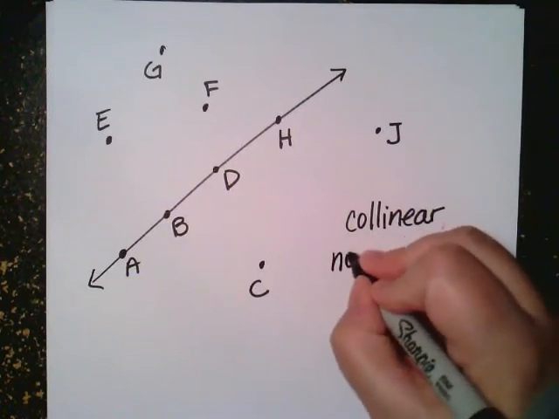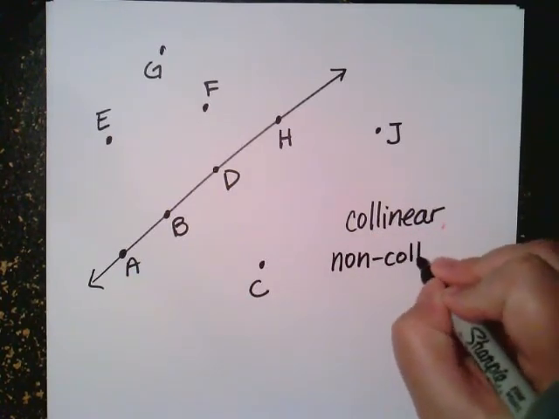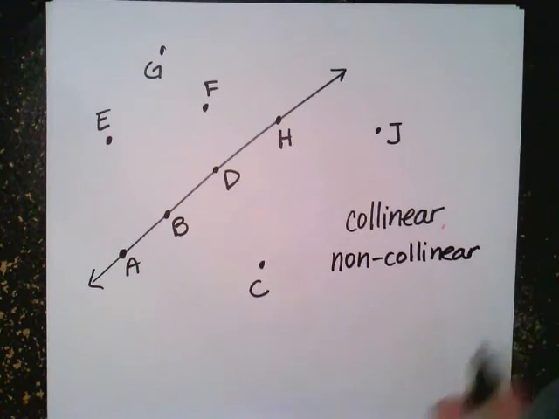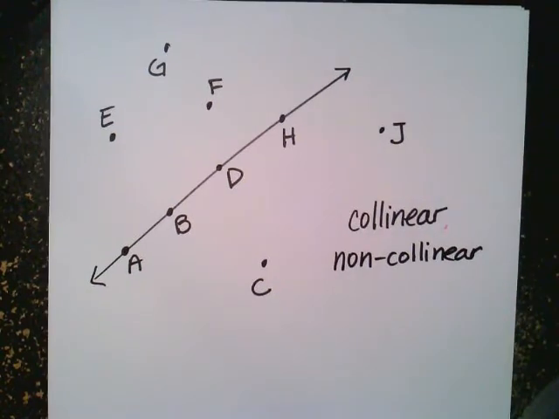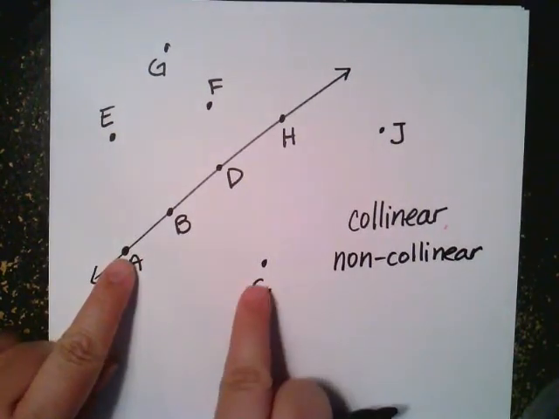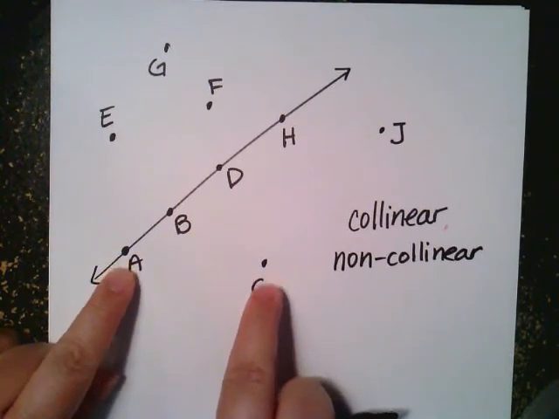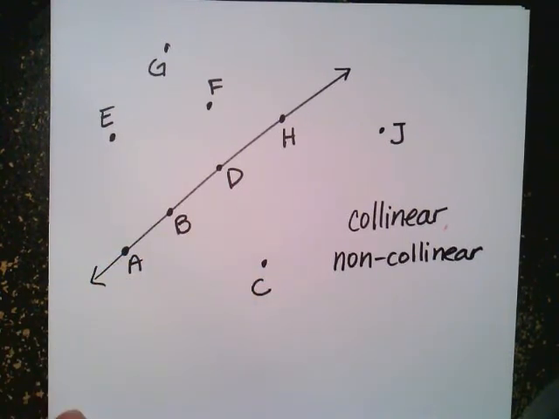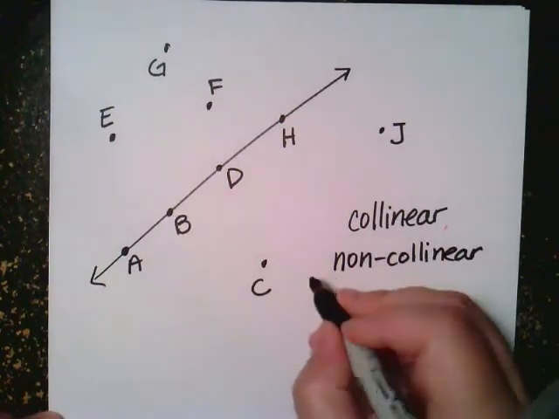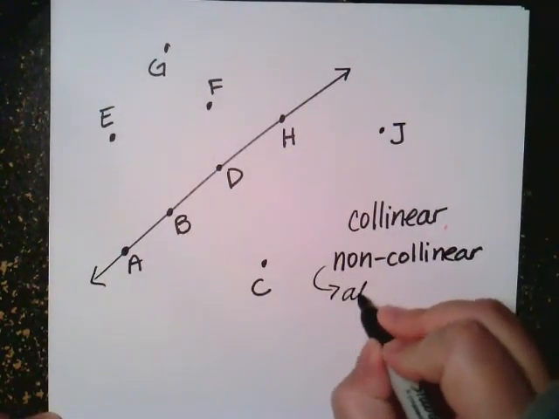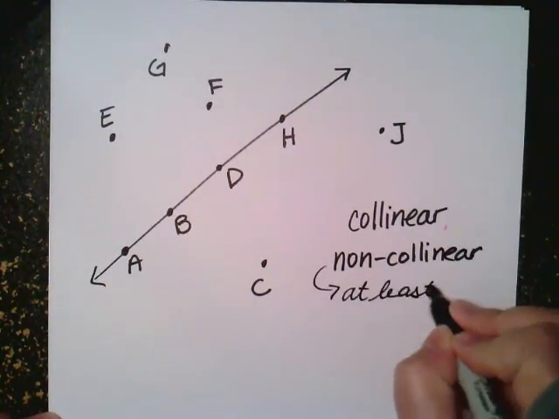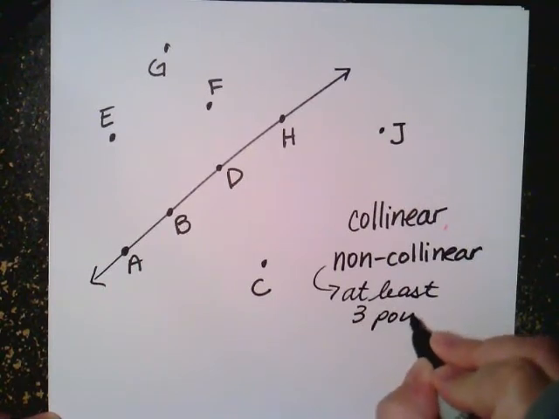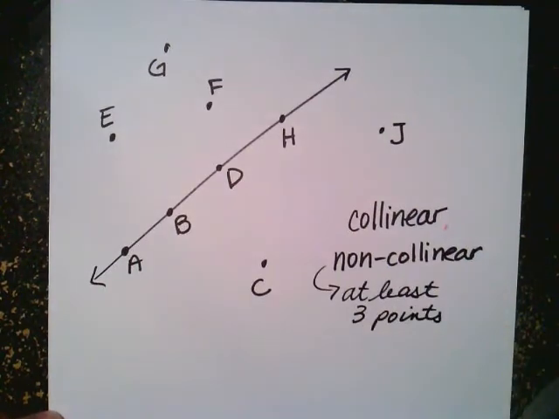That's called non-collinear. Okay, now, because any 2 points make a unique line, in other words, if I talk about points A and C, I could draw a line that goes just through points A and C, I don't ever say 2 points are non-collinear. I have to have at least 3 points to talk about non-collinear, because any 2 points do create a unique line.